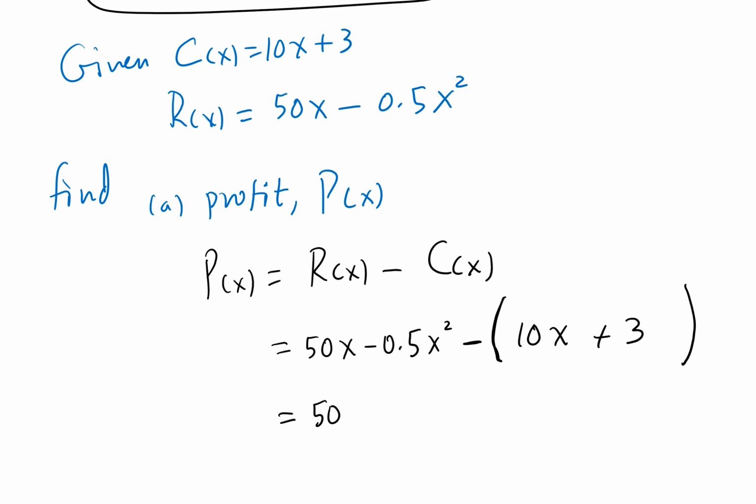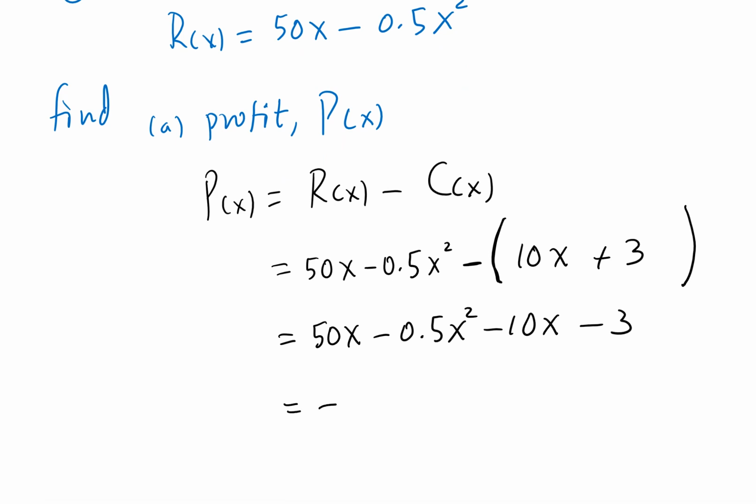What do we get for this? 50x minus 0.5x squared minus 10x minus 3. So that gives us negative 0.5x squared plus 40x minus 3. That's all they ask us to find for this part.